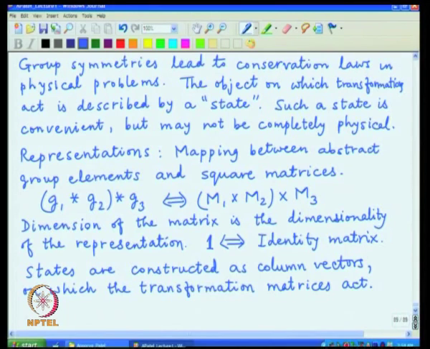Now, for a particular group, the number of elements may be finite.